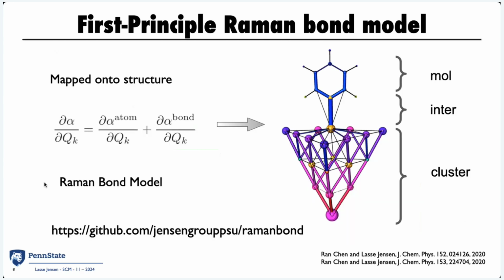Okay, the major advantage of this model is that since this is a real space partitioning in terms of atoms and bonds, we can connect that to where our physical space is. Okay, so we can group all the atoms and bonds that belong to the molecule, that belongs to a cluster, and sort of all bond interactions between these two sets of systems.